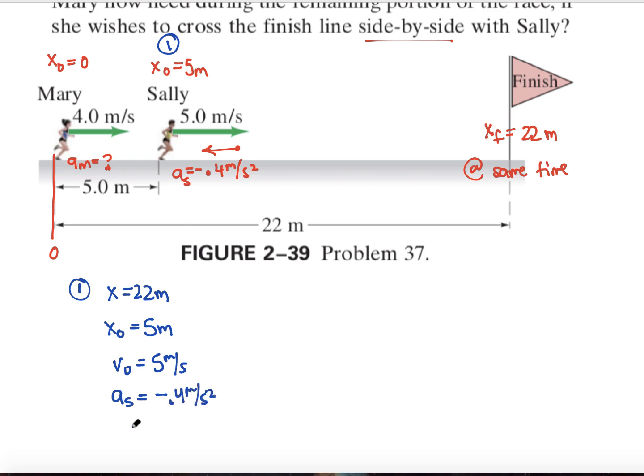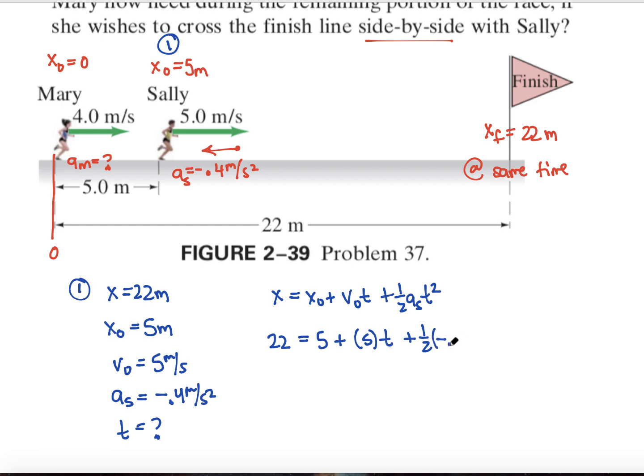So if I want to know how long it takes her to get to the finish line, I'm just going to use the second kinematic equation, which is x equals x naught plus v naught times t plus 1/2 a of Sally t squared. So plugging all of my numbers in, I have 22 is equal to 5 plus 5 times t plus 1/2 times negative 0.4 times t squared.